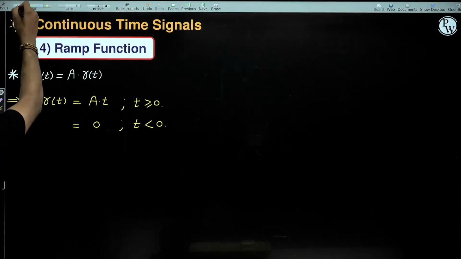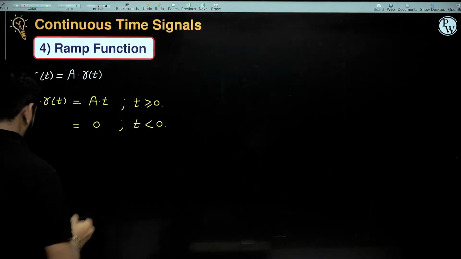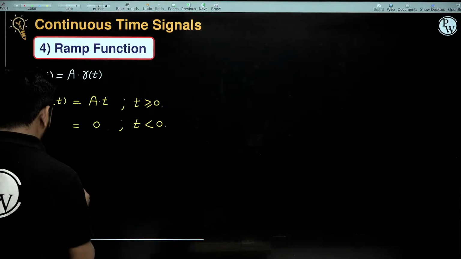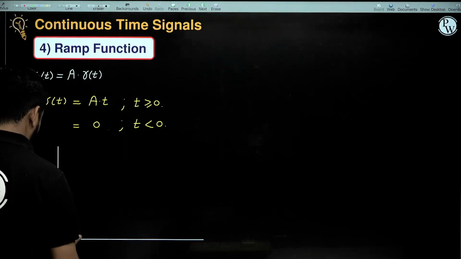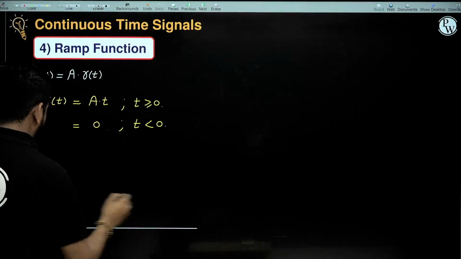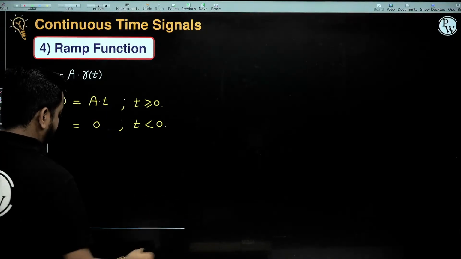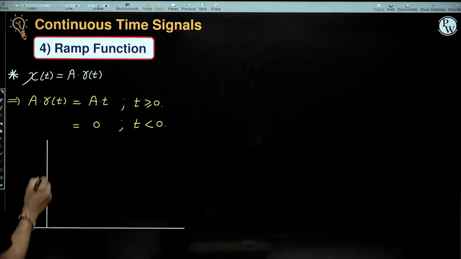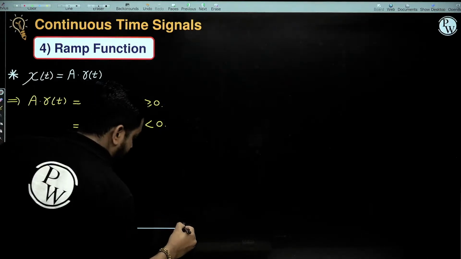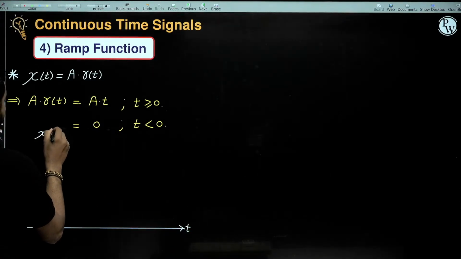Now, graphically, how does it look, guys? This is x of t, that is a into r of t.